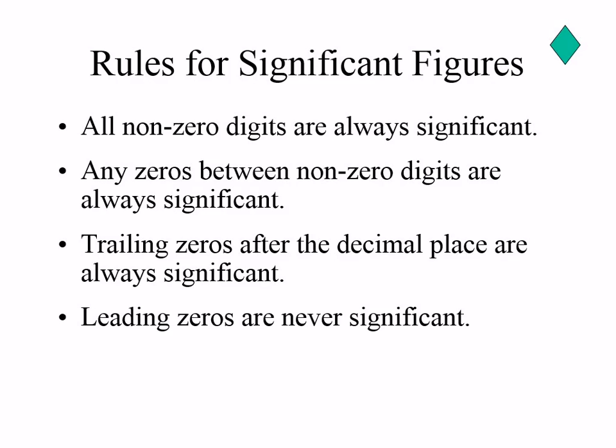Sounds like, are we all on the same page? A good example here would be 0.0123. And we count the 1, we count the 2, and we count the 3 because of the first rule. And this rule says that leading zeros, and leading zeros are just what I call placeholders. Have you ever heard placeholders? Okay.